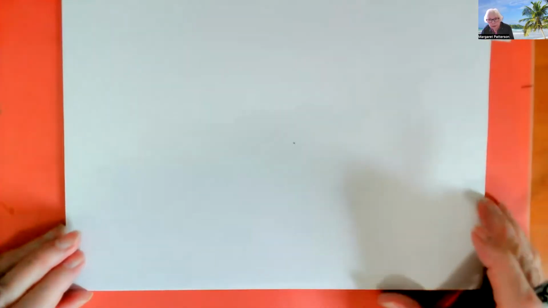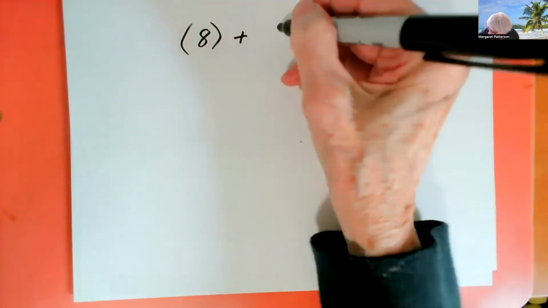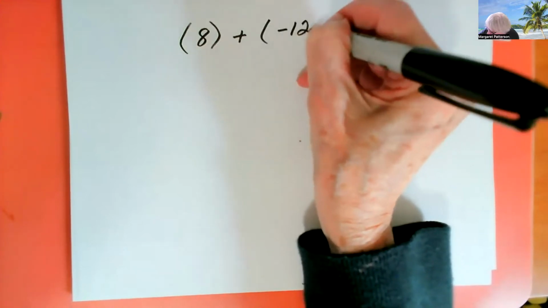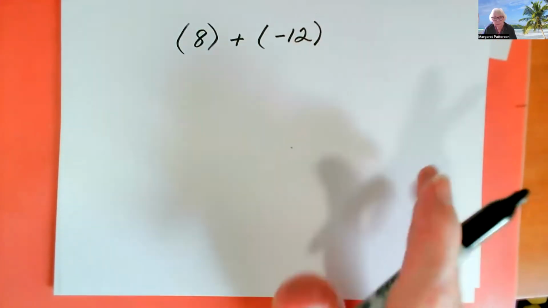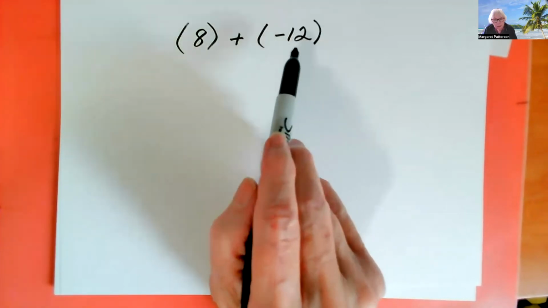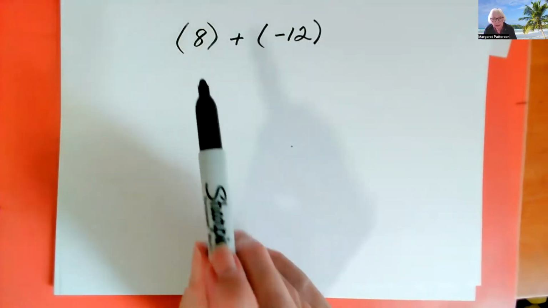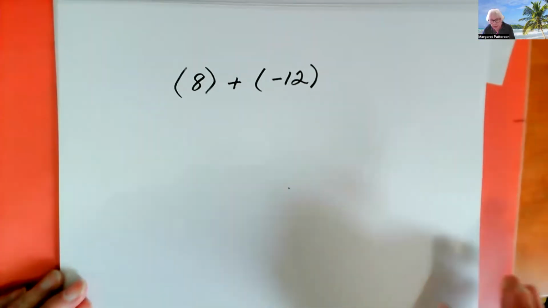Let's do a couple of examples just to be sure we're clear. 8 plus -12. This is clearly addition. Notice the use of parentheses is not meant to be multiply. It's meant so that you can clearly see what you're doing.